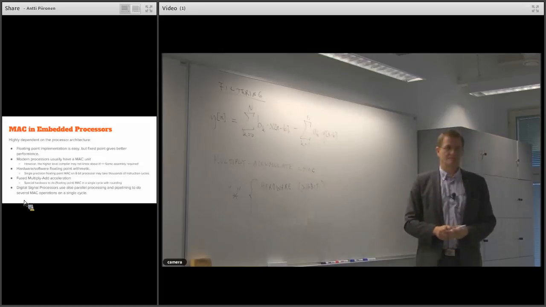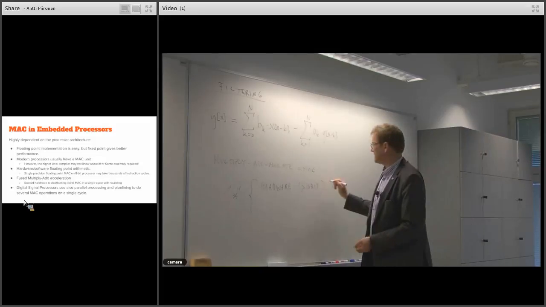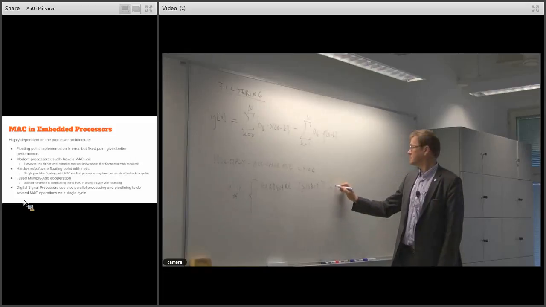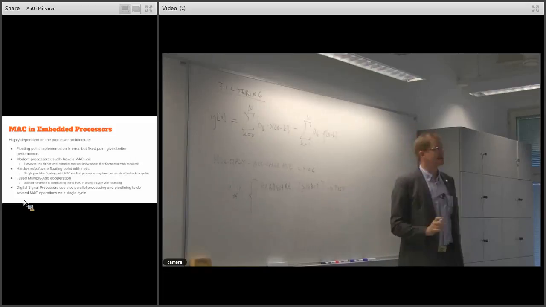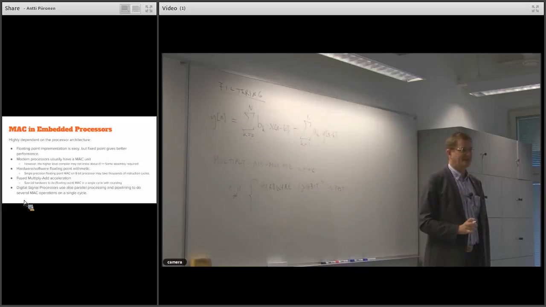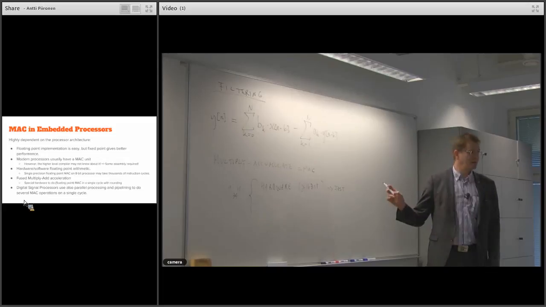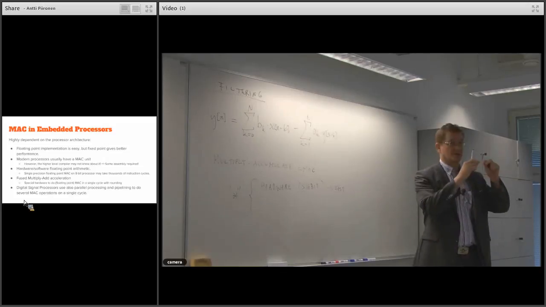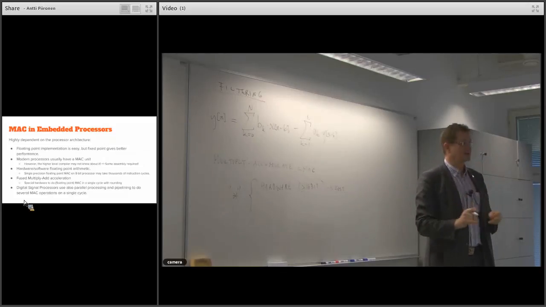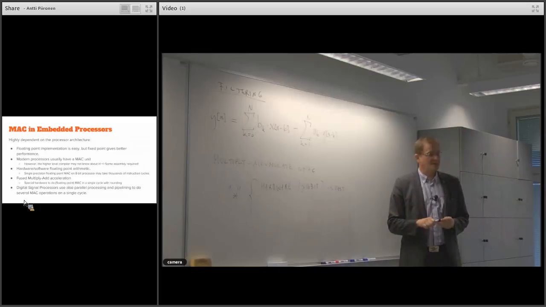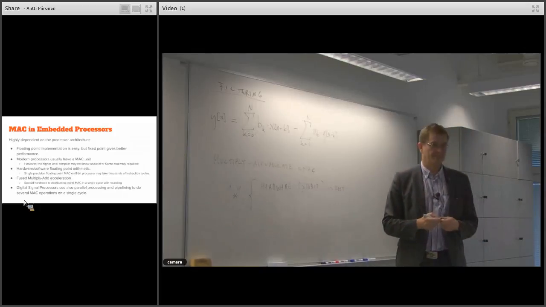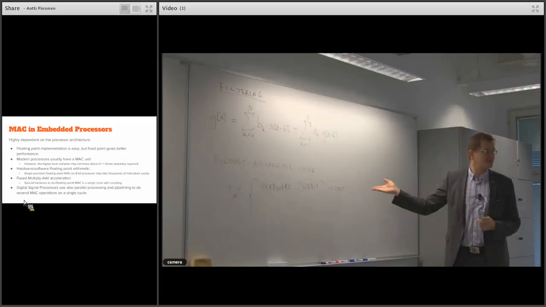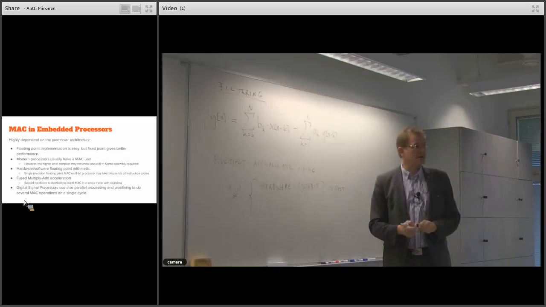On the other hand, this would be fast, but it's expensive to implement. It takes a lot of gates to make floating point multiplication hardware. So it takes quite a large portion of the silicon chip, which means it usually doubles the price of the processor. That's why it's not guaranteed to have hardware support for floating points.